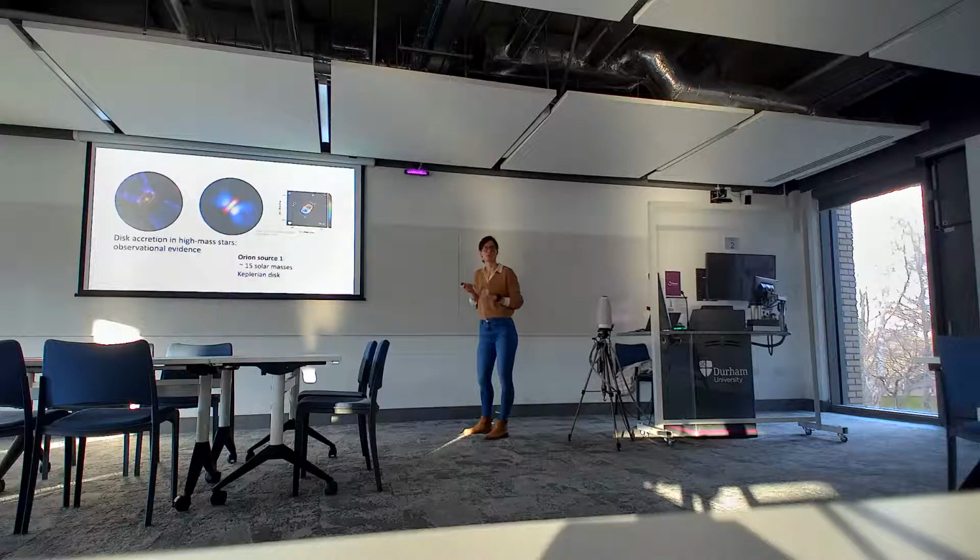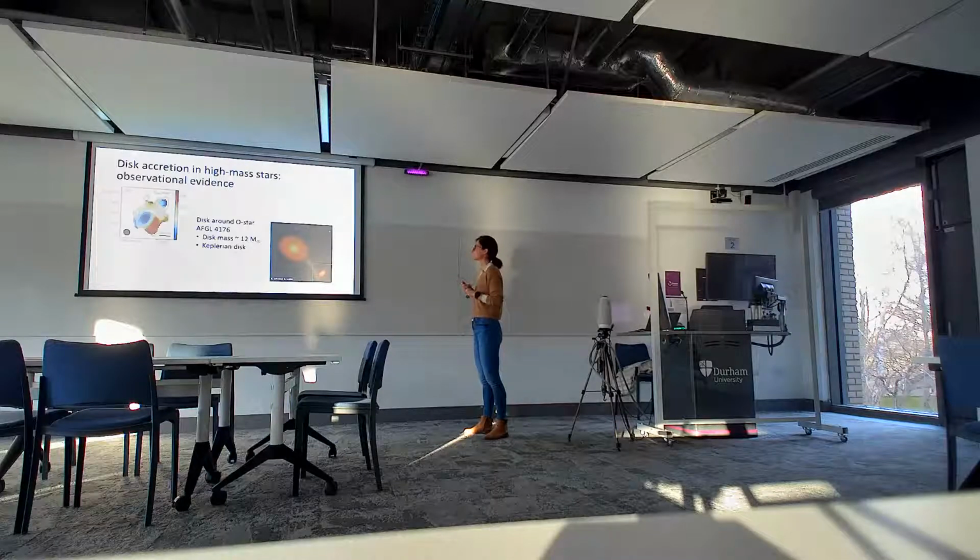That's the accretion disk. And we know it's an accretion disk because if we look at the velocity distribution of the gas in this disk, we realize that it's Keplerian. The gas is following Keplerian motion, which is smoking gun evidence for the fact that this is an accretion disk and not just a rotating structure around the star.